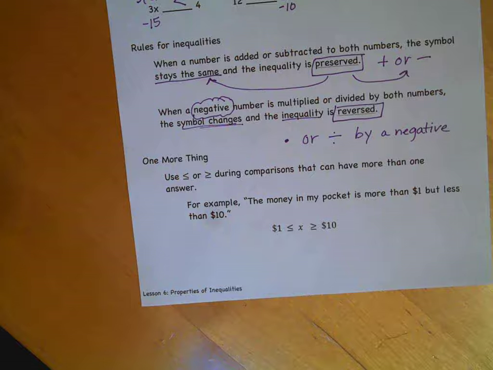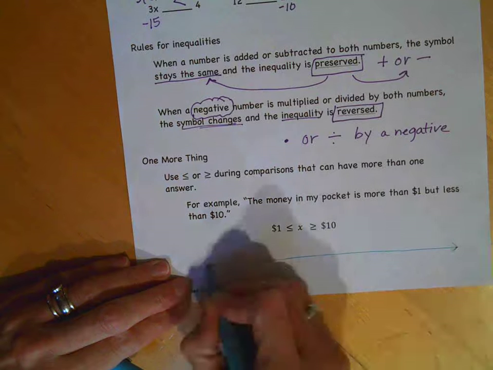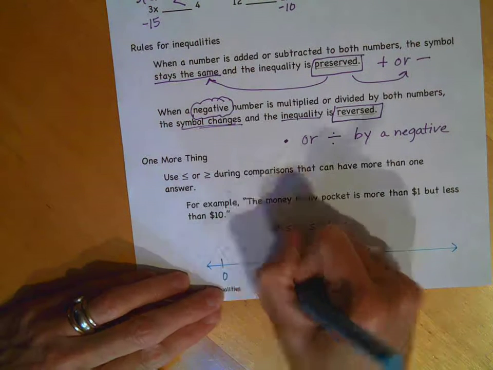You use less than or equal to or greater than or equal to during comparisons that have more than one answer. So for example, the money in my pocket is more than $1, but less than $10. So on the number line, I want to show you this. The money in my pocket is more than $1.